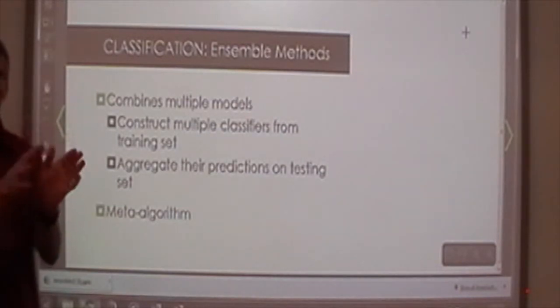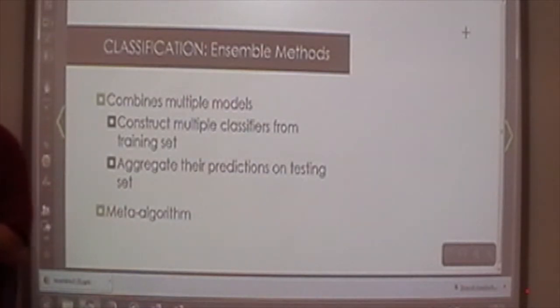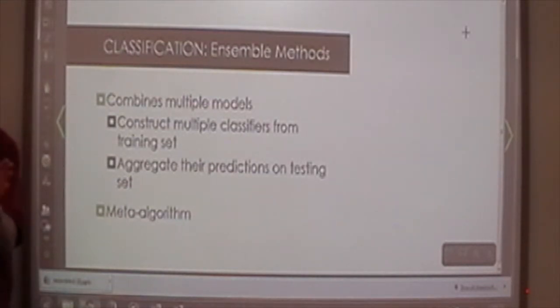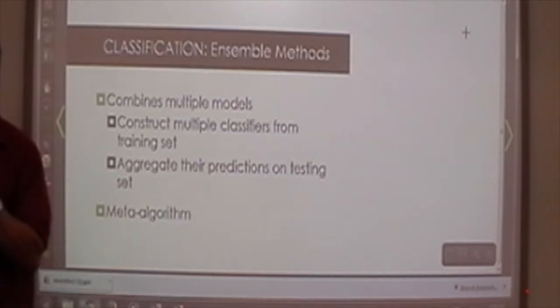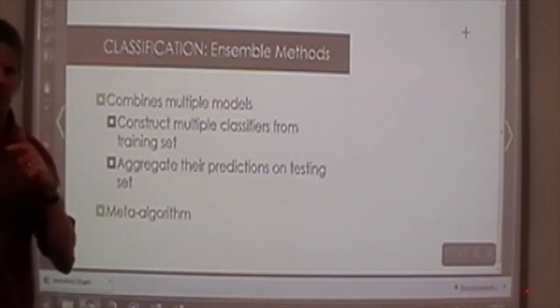So you're going to create different models, or maybe multiple models of the same type, depending on the particular ensemble method that we're going to look at. And so combine these multiple models to obtain a model better than any of your individual models. That's the basic, simple concept behind ensemble methods. Is that part fairly clear, James?